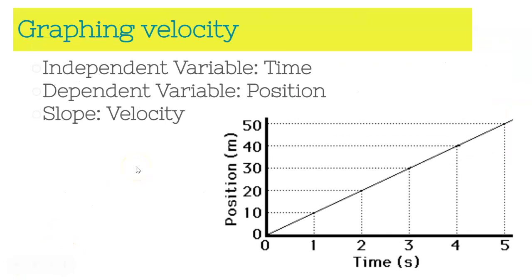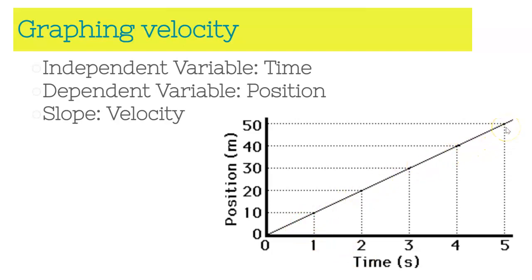So when we graph velocity, and remember velocity is that vector quantity, the independent variable is going to be the time. So our independent variable is always graphed on the x-axis, and the dependent variable is going to be the position, which is always graphed on the y-axis. So the position is changing in relation to the time. So as time moves forward, our position is changing. The slope is going to be our velocity.